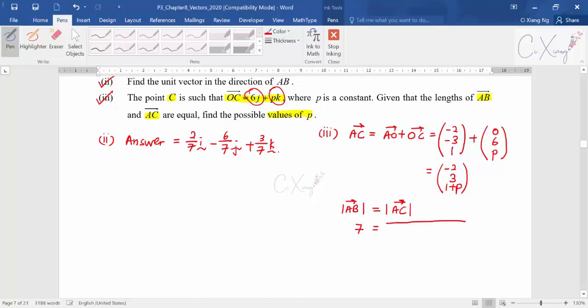It will be the square root of (-2) squared plus 3 squared plus (1 plus p) squared. You take the square root over, so it becomes 49, since 7 squared is 49. You expand everything and solve this equation. Eventually you should get p equals 5 and also p equals -7.